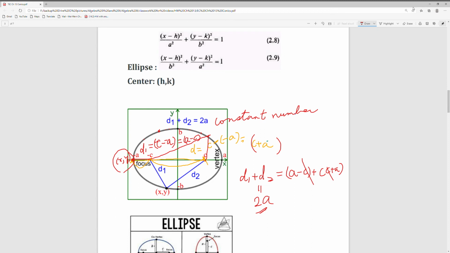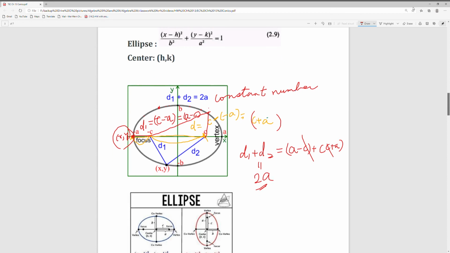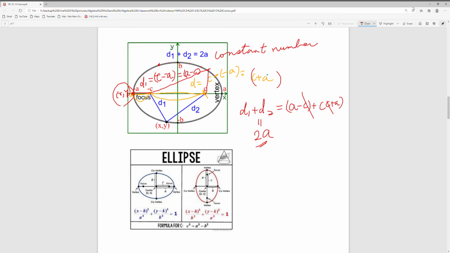Now you may see two different types of ellipse. Sometimes it's horizontal. Sometimes the ellipse is vertical. And yes, we don't talk about the slanted ellipse yet. In our chapter 13, we only talk about two types of ellipse.